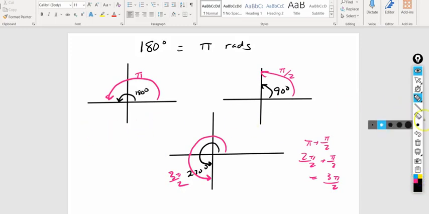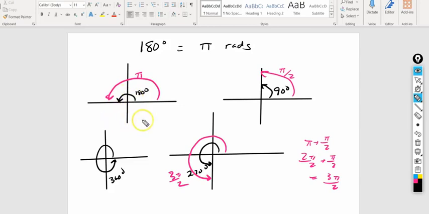And then finally, we know a full revolution is 360 degrees. Well, it's going to be 2 of the flat angles, so it's going to be pi and a further pi. So full revolution is 2 pi radians.